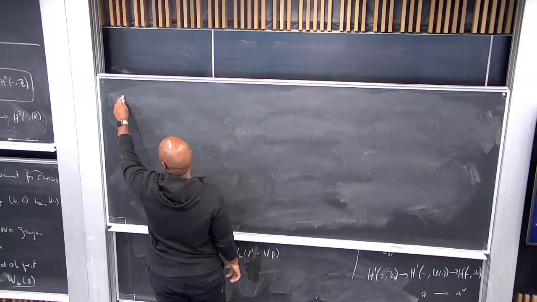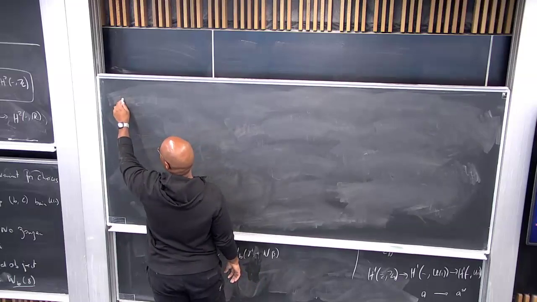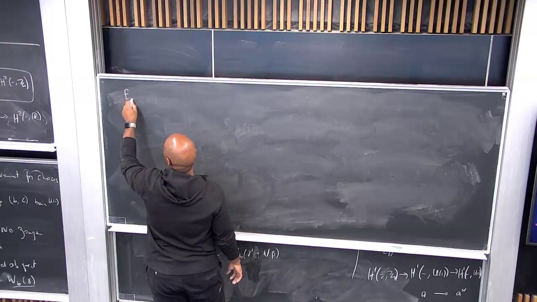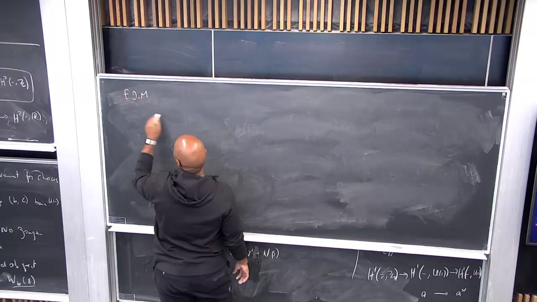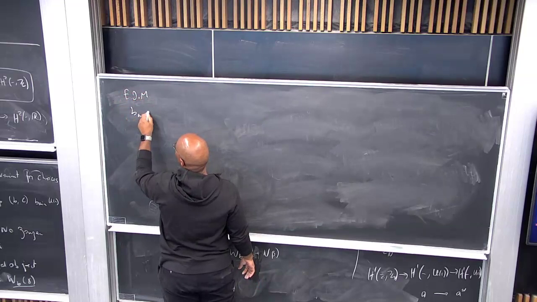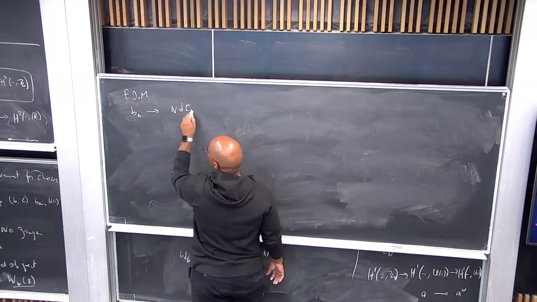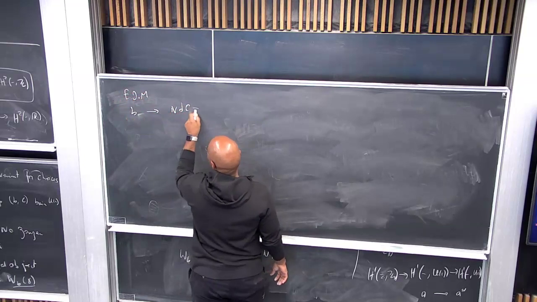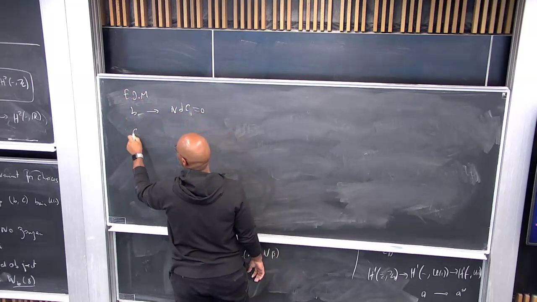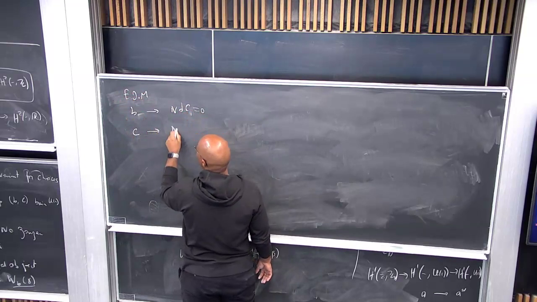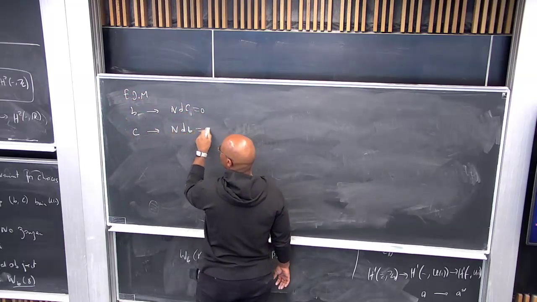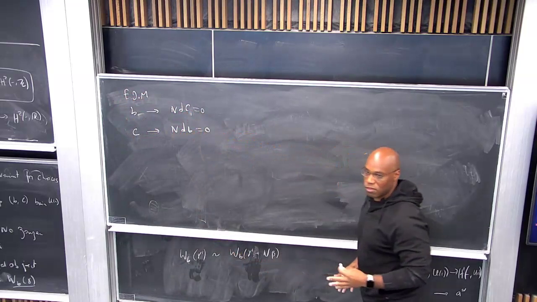Because if I compute the equation of motion for my system, let's say for B, it's going to tell you that n dC is equal to 0. And if I look at the equation of motion for C, I find that n dB is equal to 0. So classically, this theory seems trivial, right?